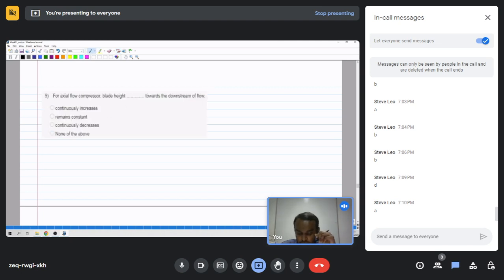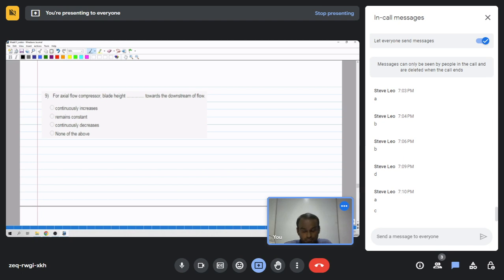For an axial flow compressor, does the blade height continuously decrease, increase, or remain constant toward the downstream of flow? Yes, it continuously decreases because the pressure is increasing.